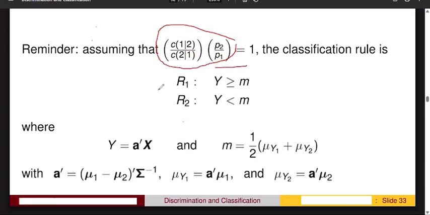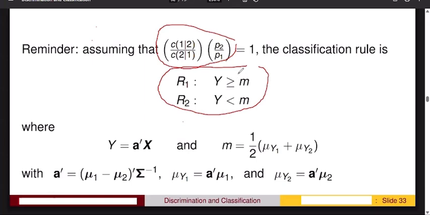If I mention that, then this is going to be your classification rule. I'm going to classify the object into group one if y is greater than or equal to m, and into group two if y is less than m.